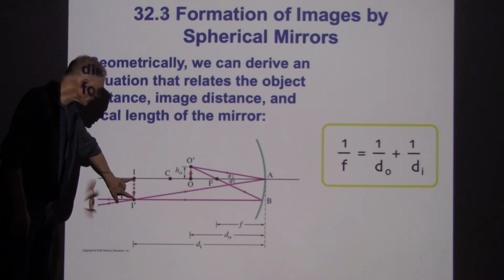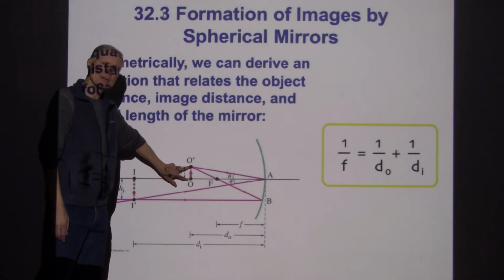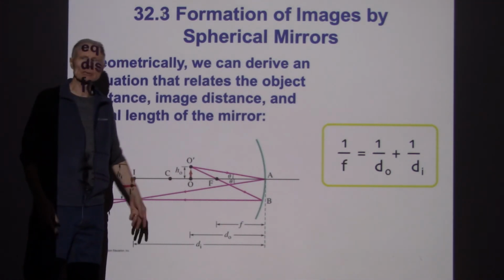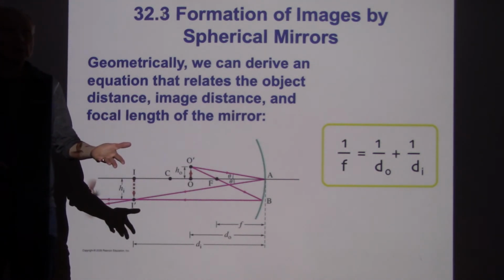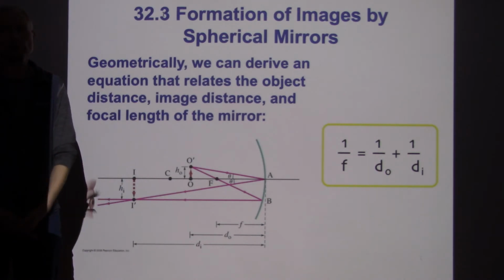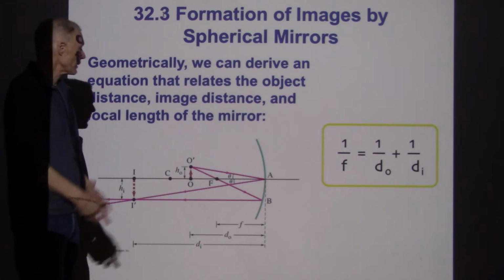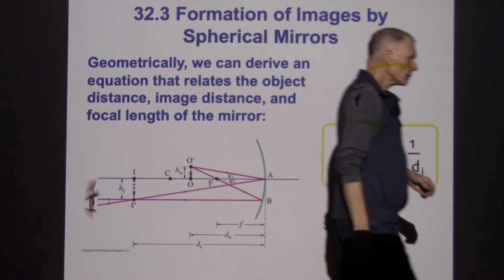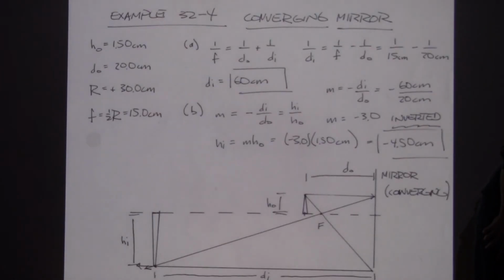And if the object starts out from here, and we've got the very same focal length here, it's going to show up as an image at this location. So whenever I've solved a problem with an object and image, I can always reverse the object and image and say that's another solution. That's another example of something that would work if we switch those numbers around. And that's what example 5 is getting at.